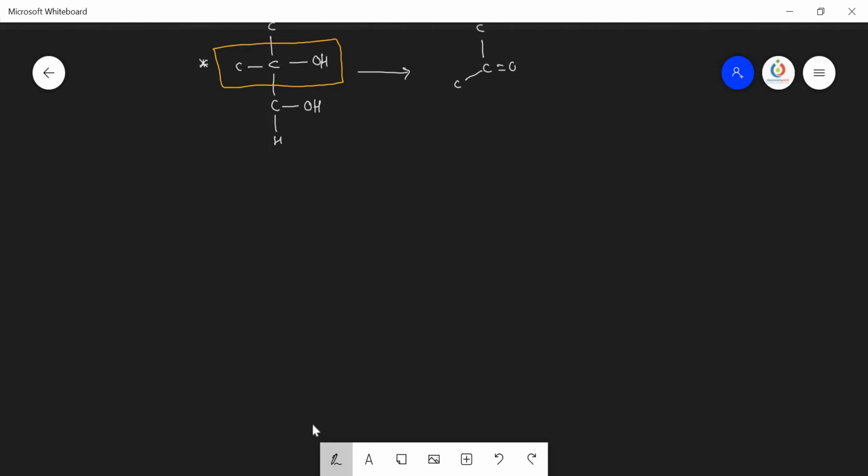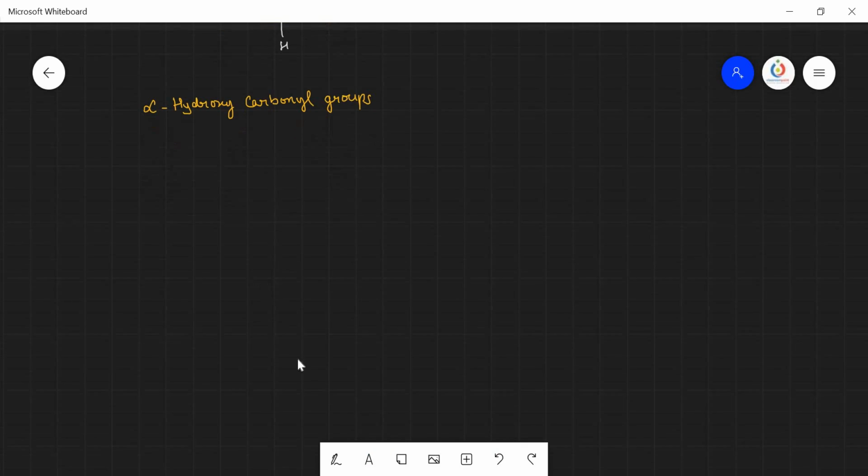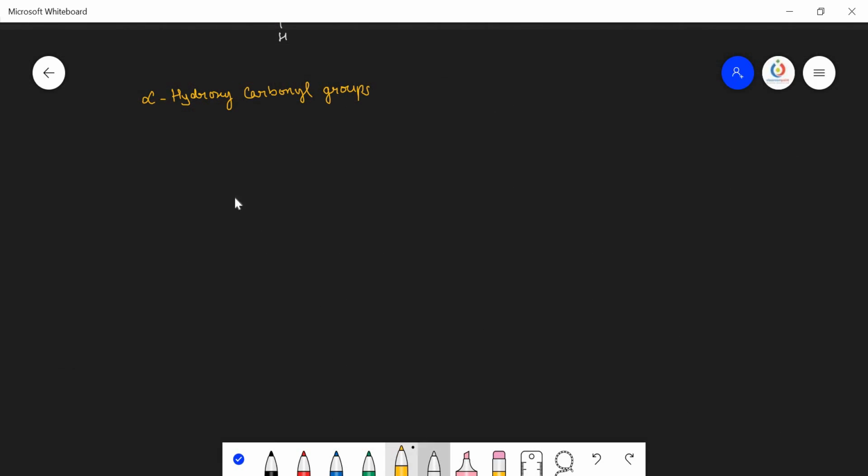Then apart from this, there are two more categories. Not only 1,2 diols, they even oxidize alpha hydroxy carbonyl groups. Alpha hydroxy carbonyl group means if any carbonyl group is there, like an aldehyde, that shall be converted to the carboxylic acid.